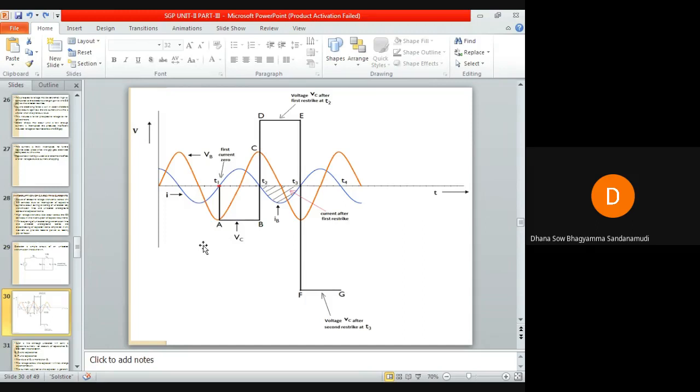So after a time interval of half cycle from instant A to B, that is at t2, the voltage across the breaker will be 2 times that of VB value, that is 2VB max.